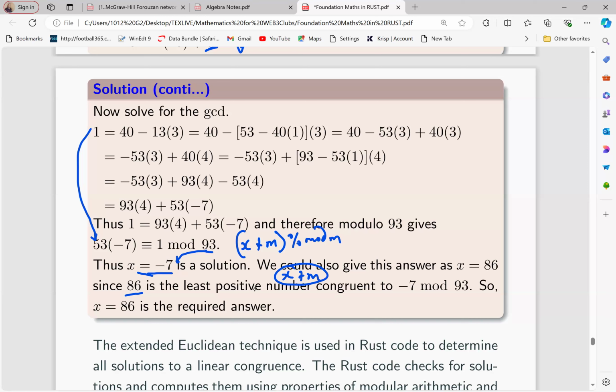So what we are saying is, if X1 is your first answer, to get X2, you take X1 plus M. To get X3, you take X2 plus M. To get X4, you take X3 plus M, and so on. So where there are several results, it's supposed to give you that. And the number of results should be equal to the GCD.